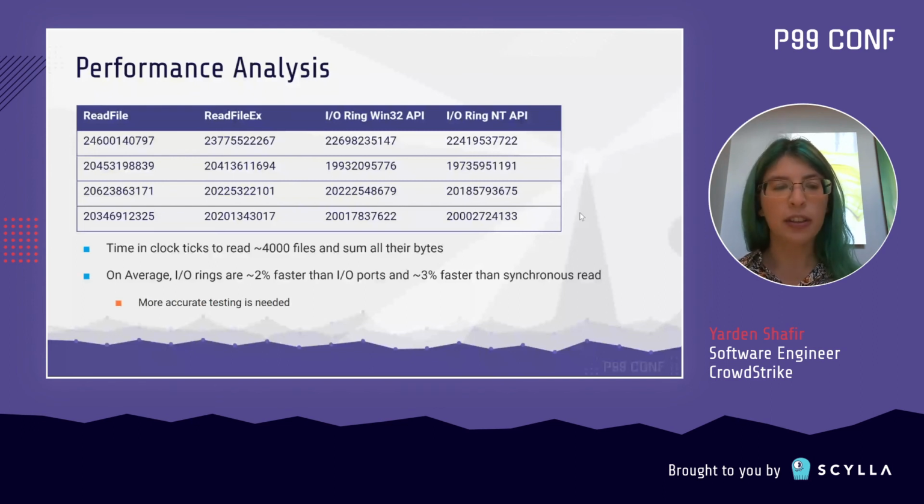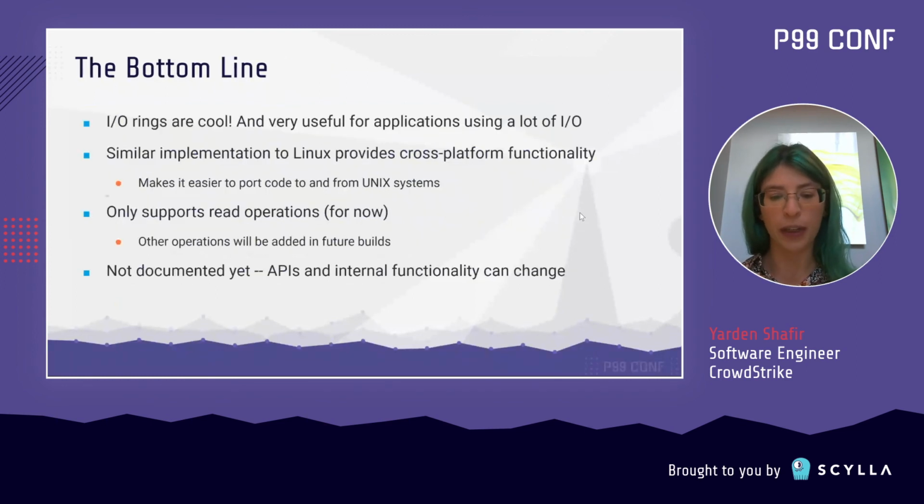When talking about IO and performance, a 2% improvement, which turns into a 4 or 5% improvement over synchronous operations, can be a pretty huge deal. IO rings are not completed yet. They can still change. They're not documented yet. But it could be a pretty major change for Windows.